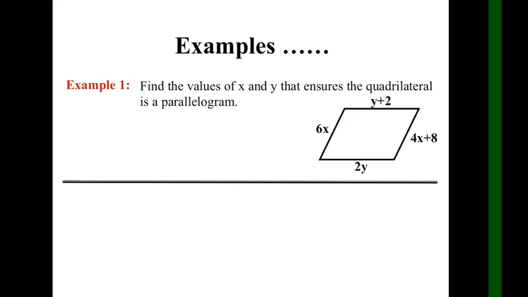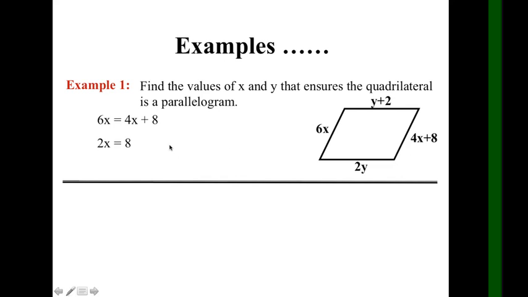Example number 1. Find the values of x and y that ensure that the given quadrilateral is a parallelogram. So we have 6x, 4x plus 8, y plus 2, and 2y. To determine if it is a parallelogram, tignan natin yung kanyang mga parallel sides. So we have y plus 2 and 2y for these parallel sides, and we have 6x and 4x plus 8. Ang gagawin natin, equate lang natin yung mga yan. Let's start with 6x equals 4x plus 8.